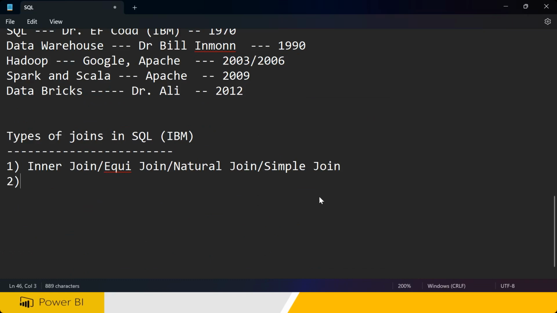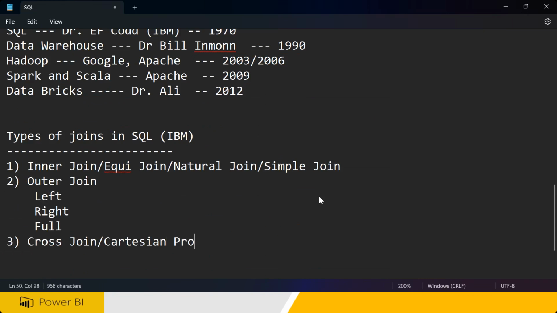The next one is called outer join, right? In outer join, you have three varieties: left outer join, right outer join, then full outer join. This is the second one. The third one is called cross join. It is also called a Cartesian product.